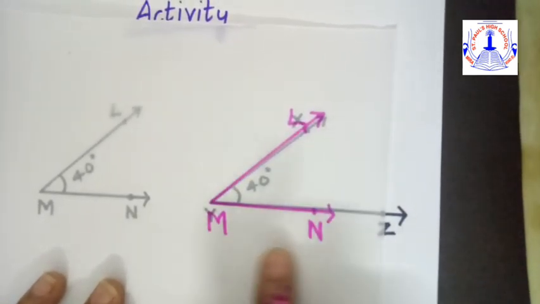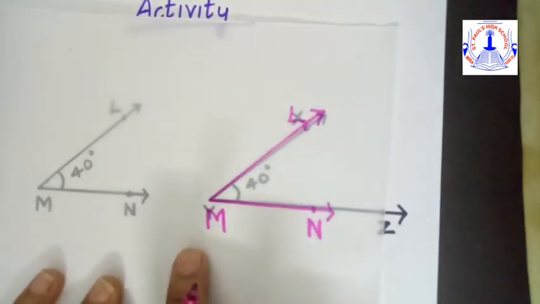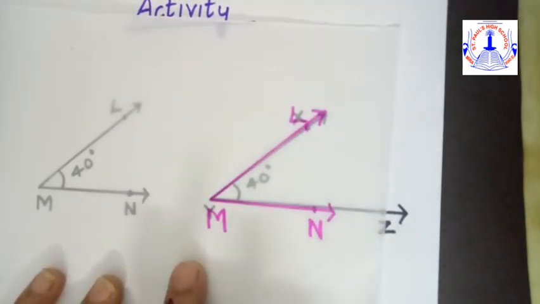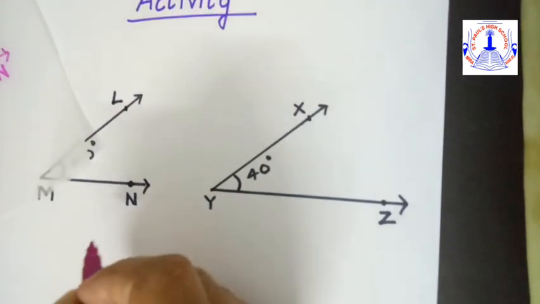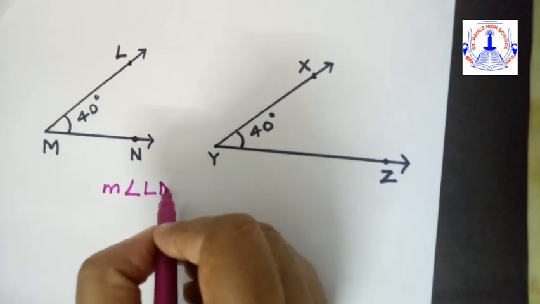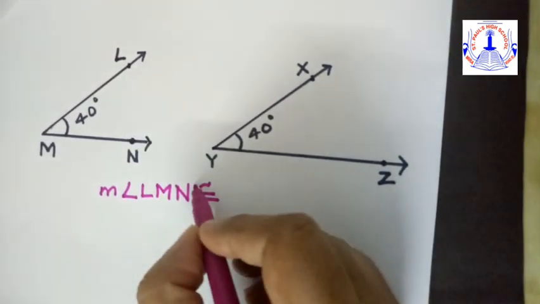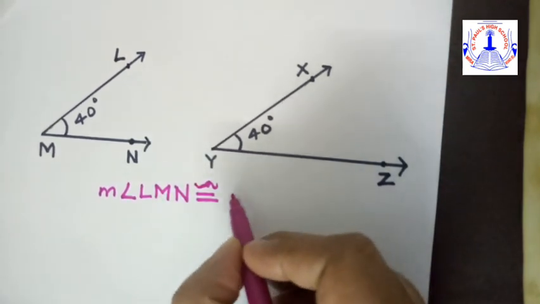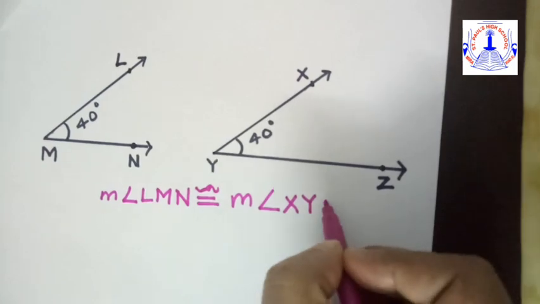Here you can see that the arm MN is smaller than the YZ. So we will write over here, measurement of angle LMN is congruent to measurement of angle XYZ.